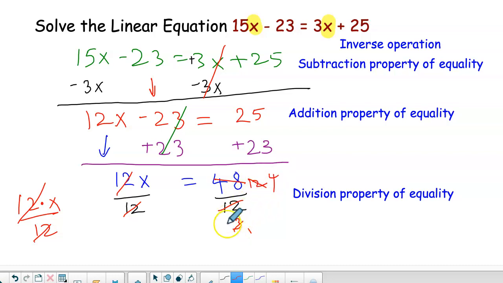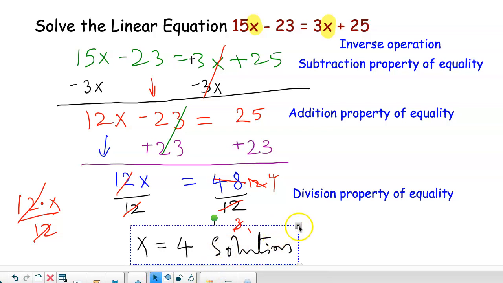Or directly use your table. So my result is, what is remaining here? The 2 is gone, so only x. x is equal to 24. That is your solution. The value of x is equal to 24, right?